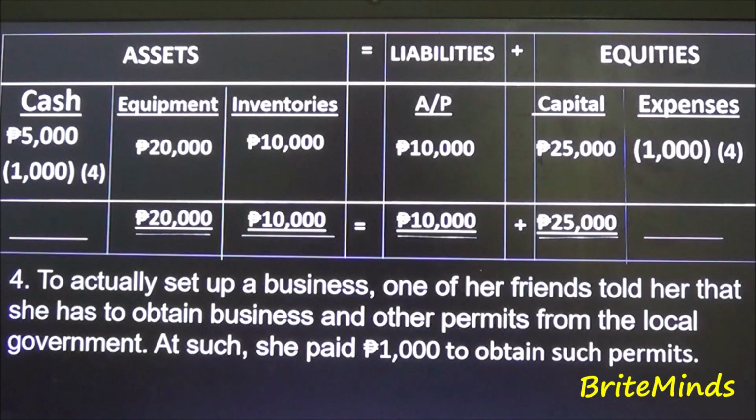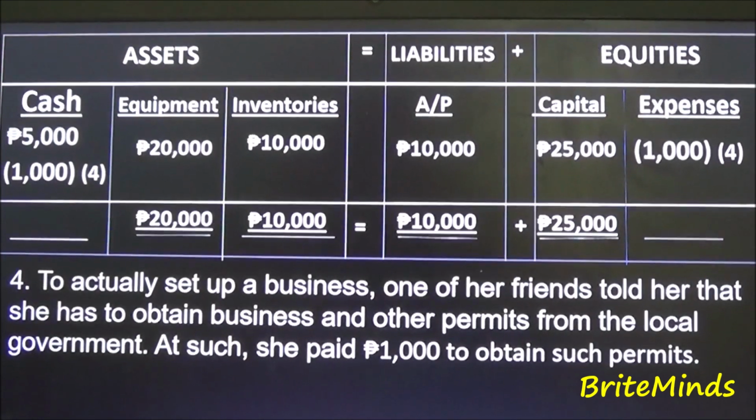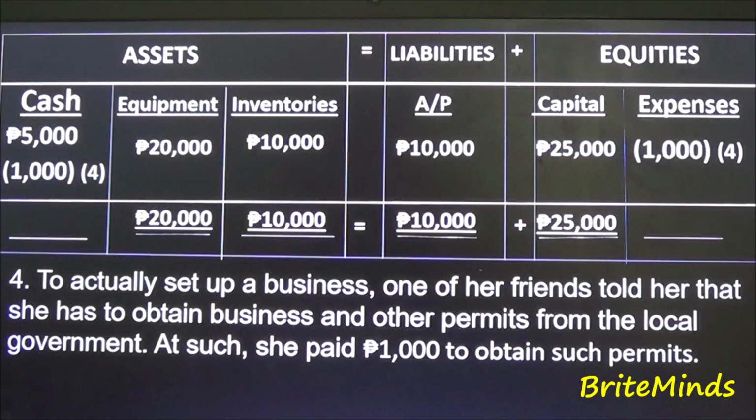So we're going to check our accounting equation. Assets: there is a decrease in assets, especially in cash, less 1,000. From 5,000 minus 1,000, it will be 4,000. Equipment remains the same, 20,000.